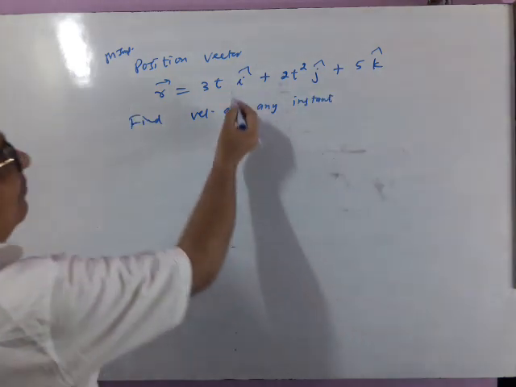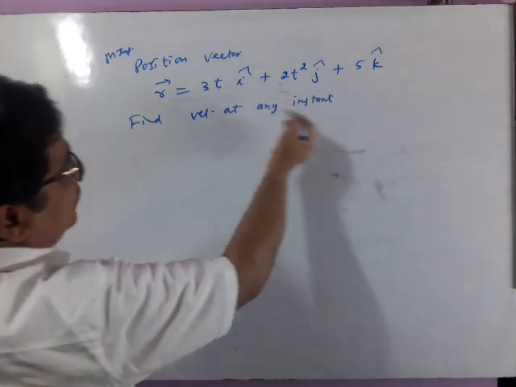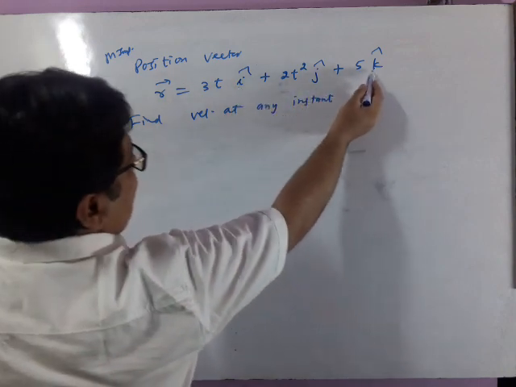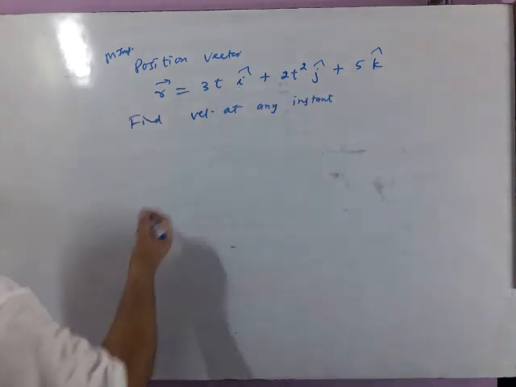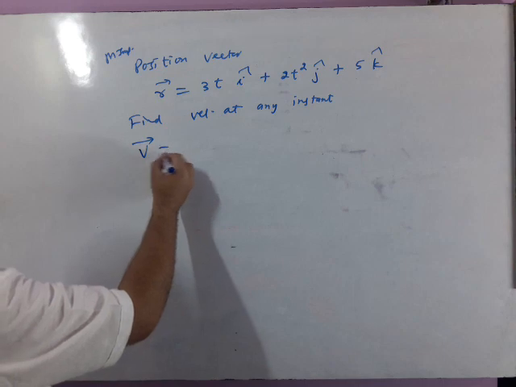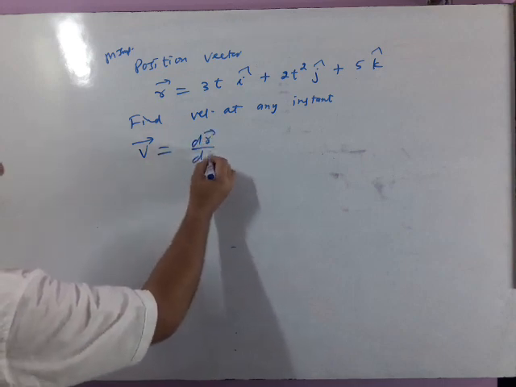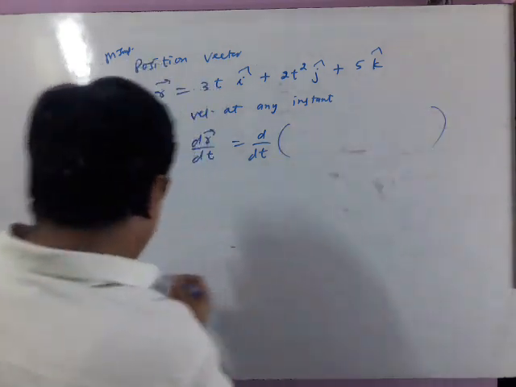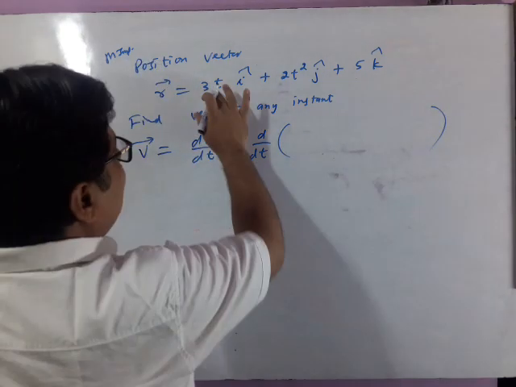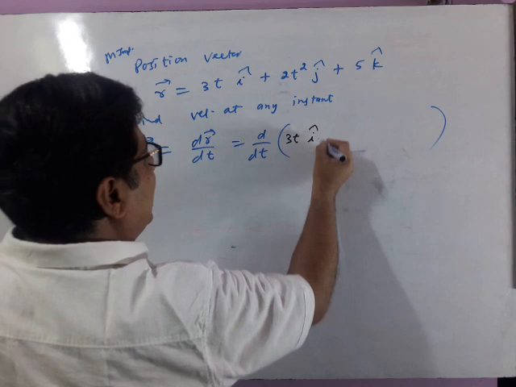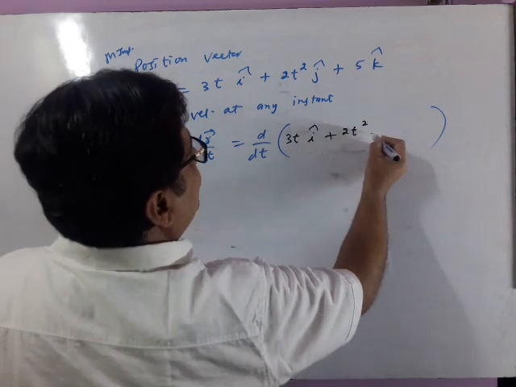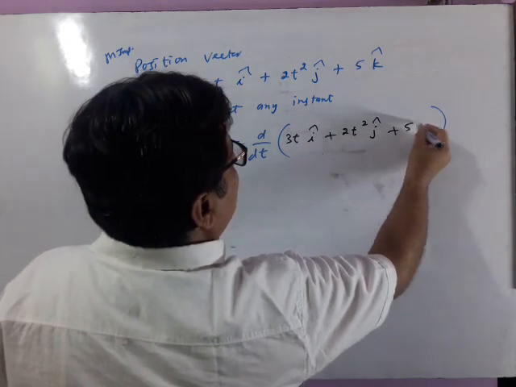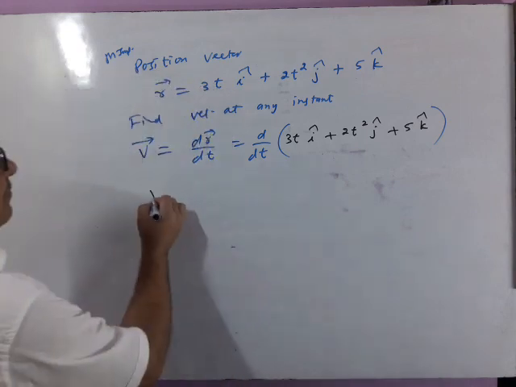See, in vectors you will learn about i cap, j cap, k cap. You know, this is x direction, y direction, z direction. So deal with it simply. In vector notation you will say v vector is dr vector by dt. So what to do? Just input the value of r vector, whatever it is given: 3t i cap, 2t square j cap, 5k cap.